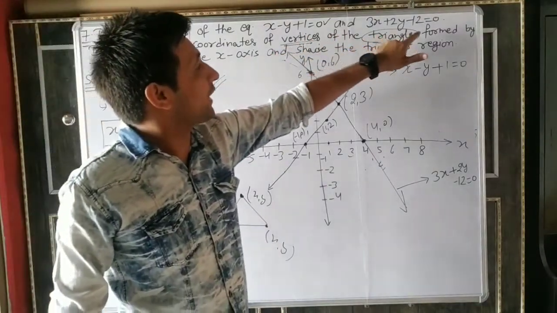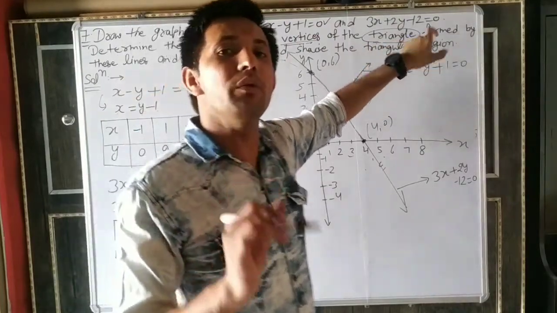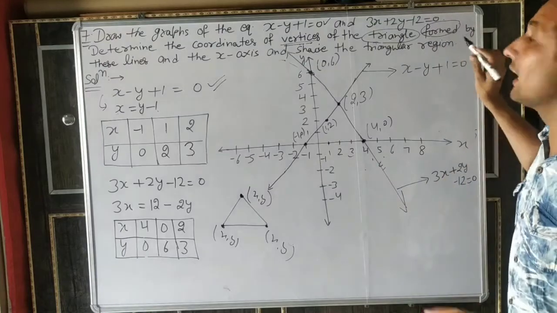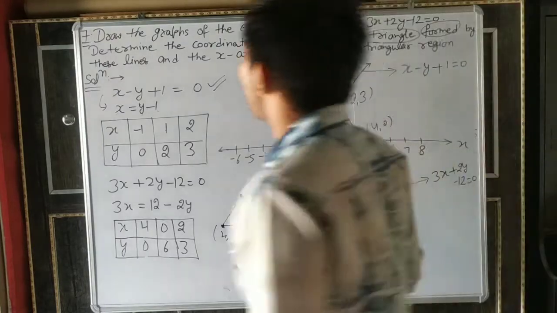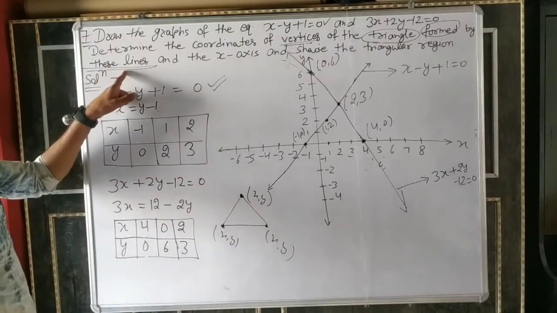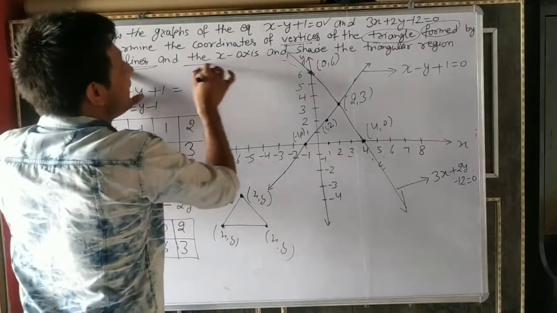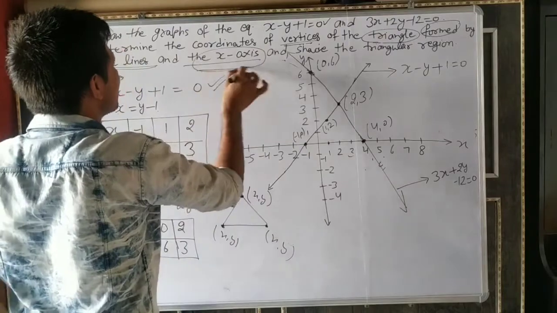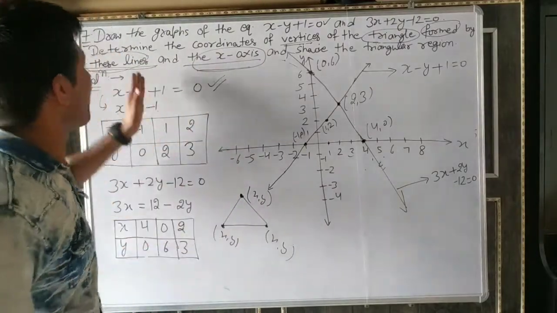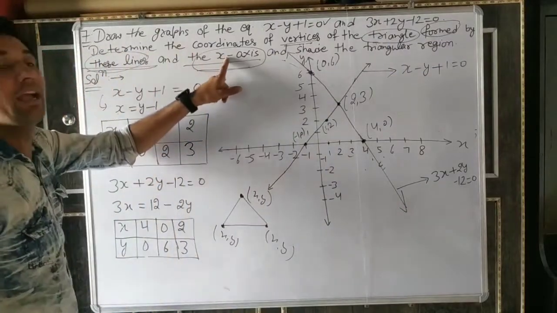Vertices of the triangle. Now we have to check it. The triangle is formed by which lines? The triangle is made by these two lines and the x-axis.